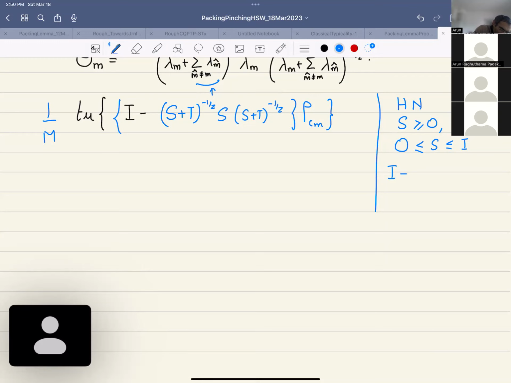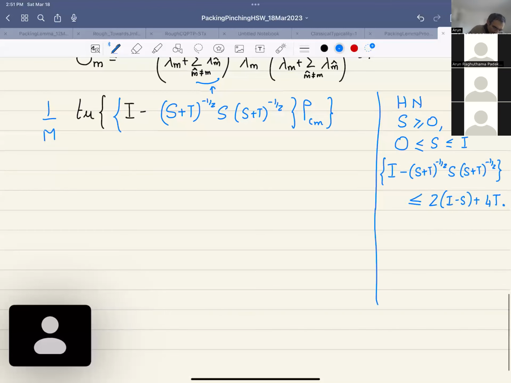I'll give you a simple expression for that, which is what Hayashi-Nagaoka give. They say this operator, S plus T whole power minus half, this whole operator is dominated by the operator 2 times I minus S plus 4T, a very, very popular inequality in quantum information theory. So we will do exactly that.